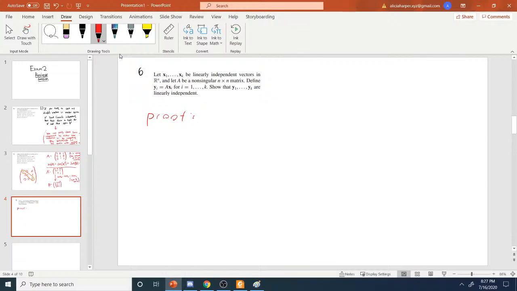What we can do is say, suppose the yi are not linearly independent.